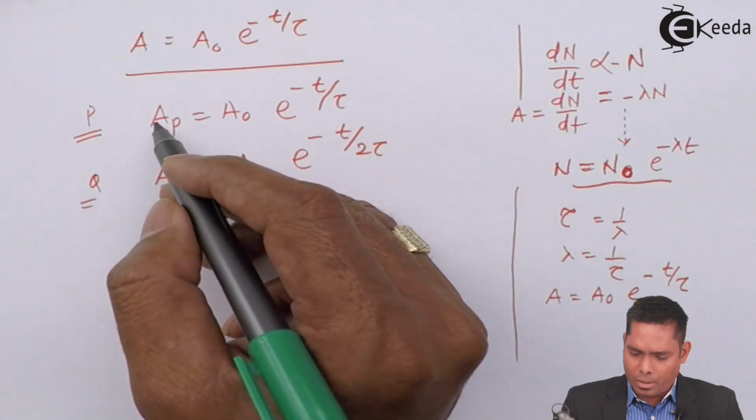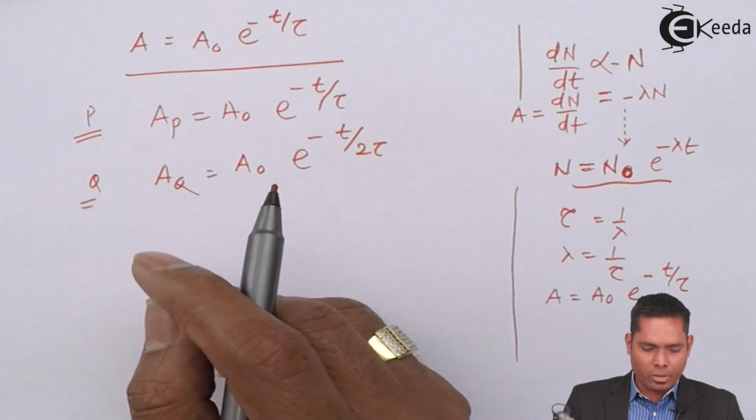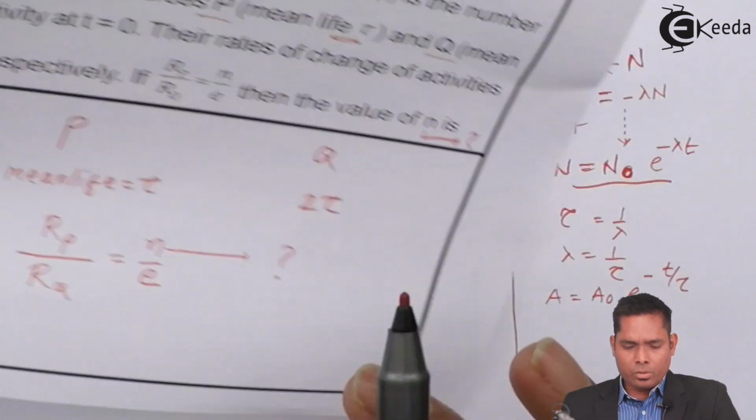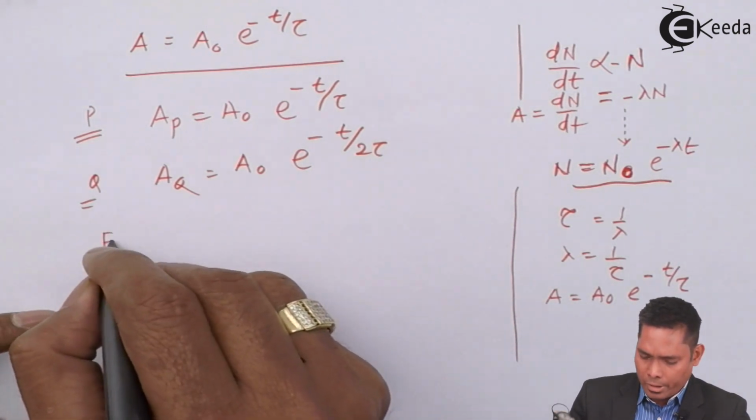Now similarly, what we'll write is RP for this. What is RP? RP is the rate of change of activity. As you can see here, R is nothing but the rate of change of activity.